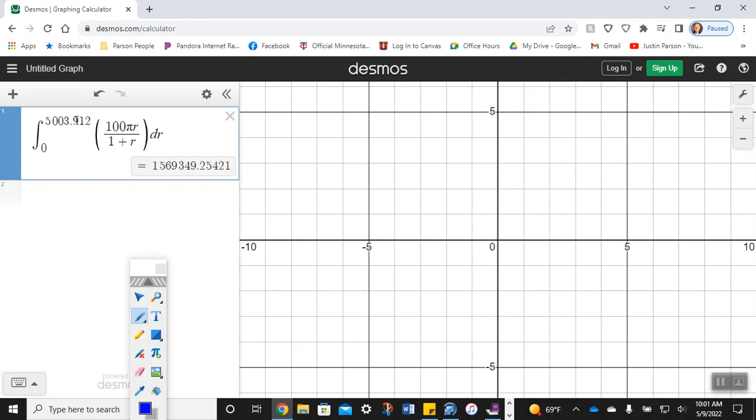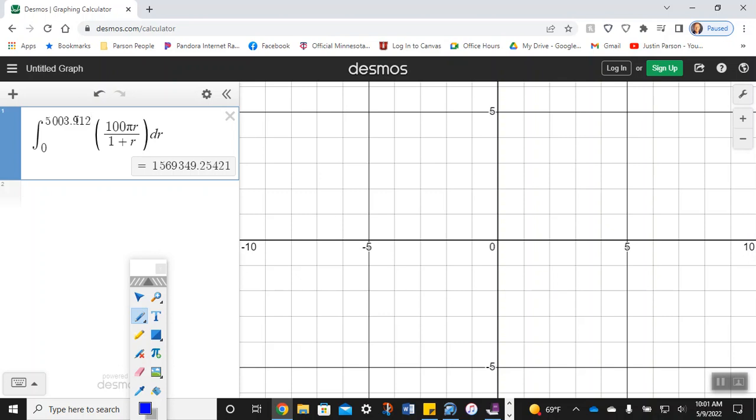How about that? That's pretty close. 5,003.912. I'll come back with a definite integral with an antiderivative to look at that. But half your oil slick is contained in the first 5,003.912 meters.